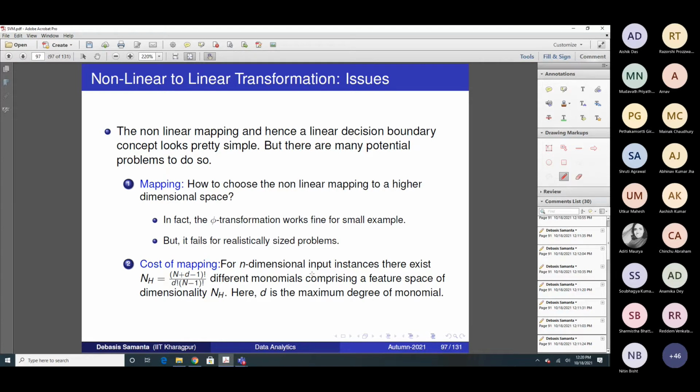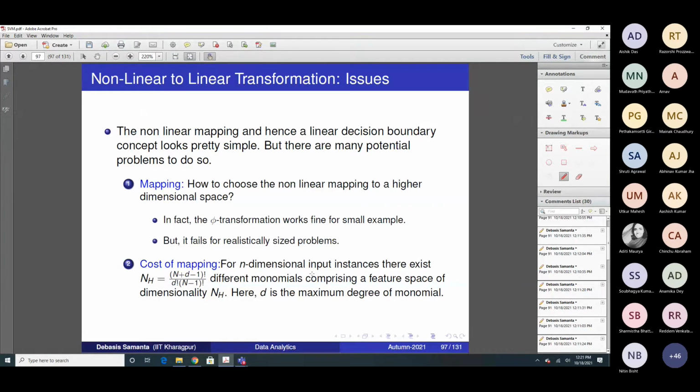Of course, how this phi transform can be obtained is also one question. But anyway, the mapping itself is a very tedious job, if not infeasible actually. So mapping, although it looks very simple with toy examples, is a really very difficult task for an engineer in real life problems.